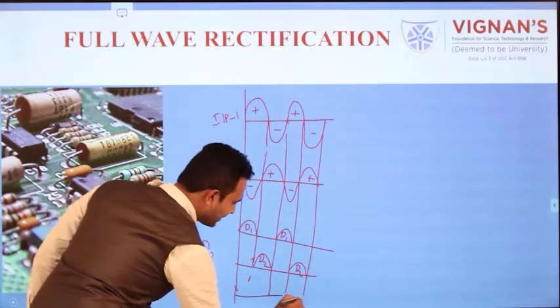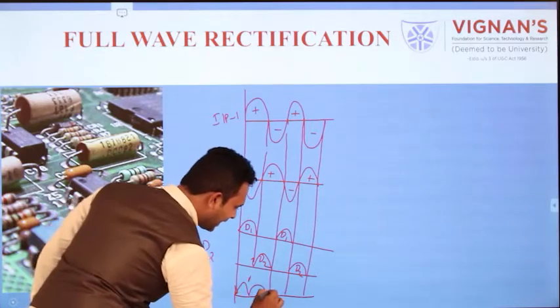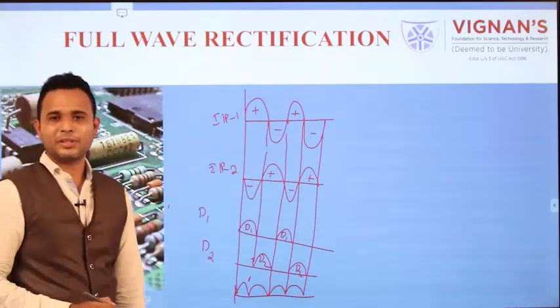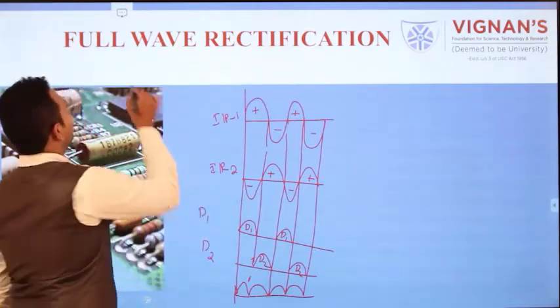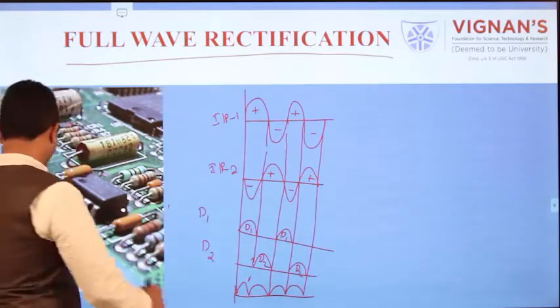Finally, at a node, all these positive pulses are added and we get continuous positive pulses. That's why this rectifier is named the full wave rectifier.